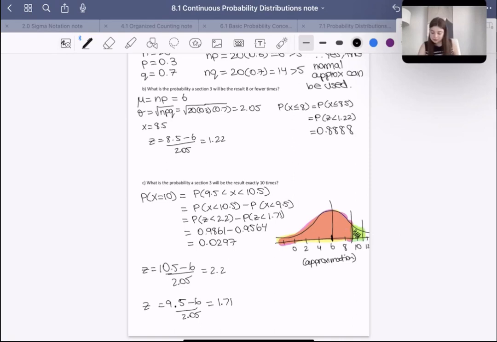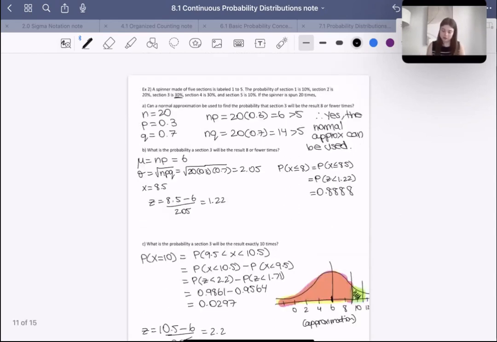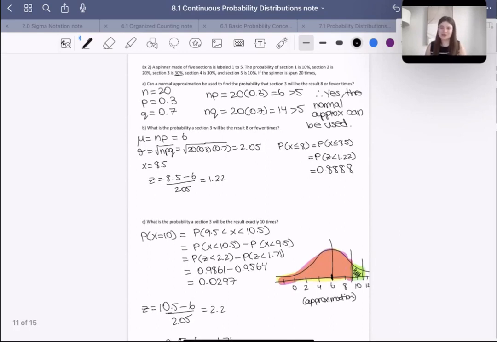And so 10 is almost 2 standard deviations away from that mean. That's pretty far. And so even though it's possible that it happens, it's not that likely to happen, unfortunately, right? Or perhaps fortunately. I don't know whether we want section 3 or not, whether that's good or bad, but regardless, it's just not that likely to happen. And so we expect it to not be that likely to happen.